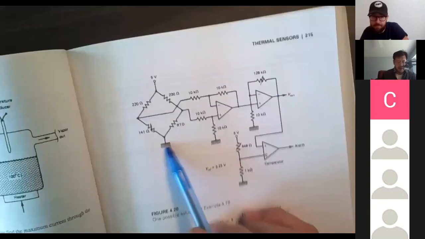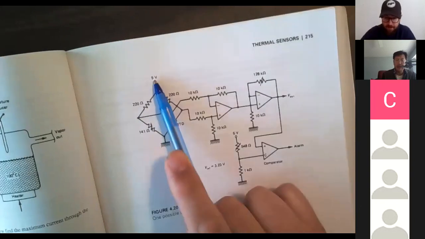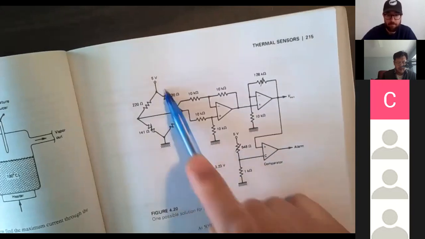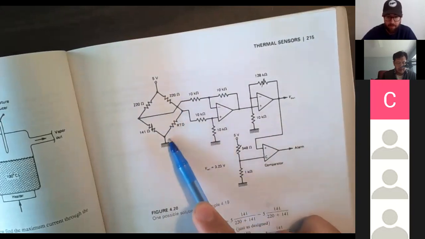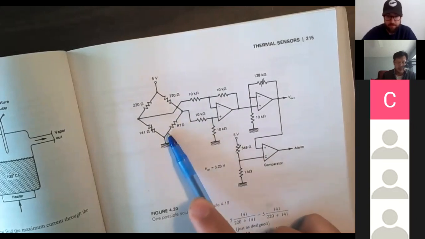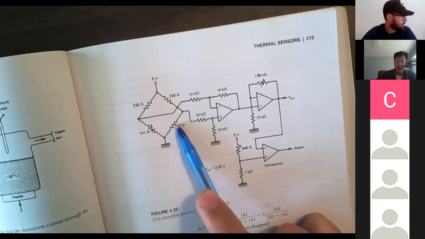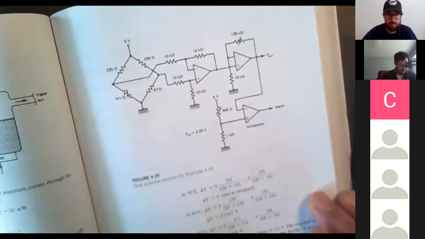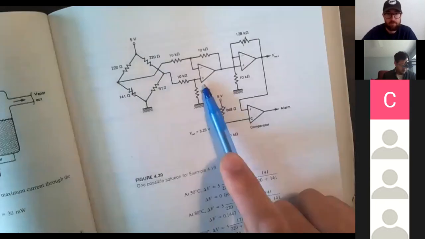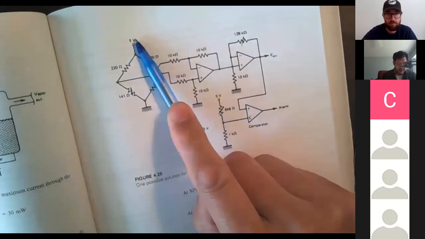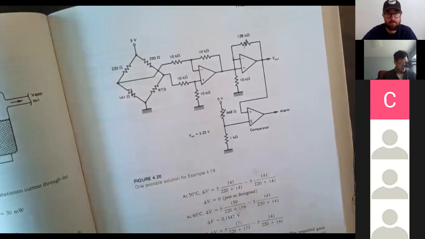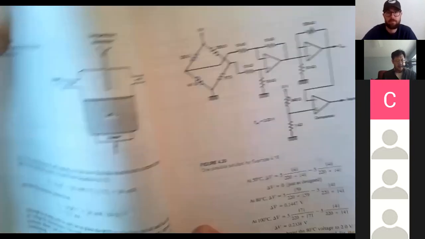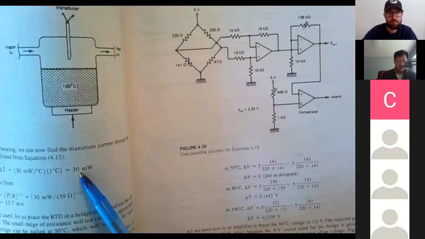If you look at a typical circuit, this sensor is energized through a battery. So the battery will provide power. The electric current will go through this sensor. That means some kind of power will be consumed on the sensor. So if we go through all this process, for example, 30 milliwatts is up there.